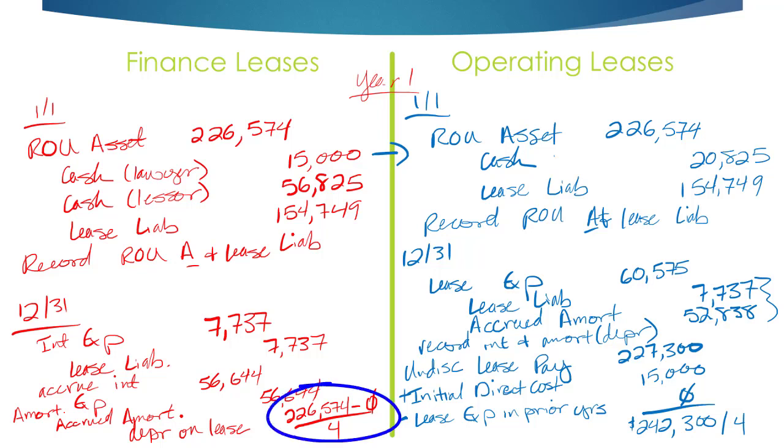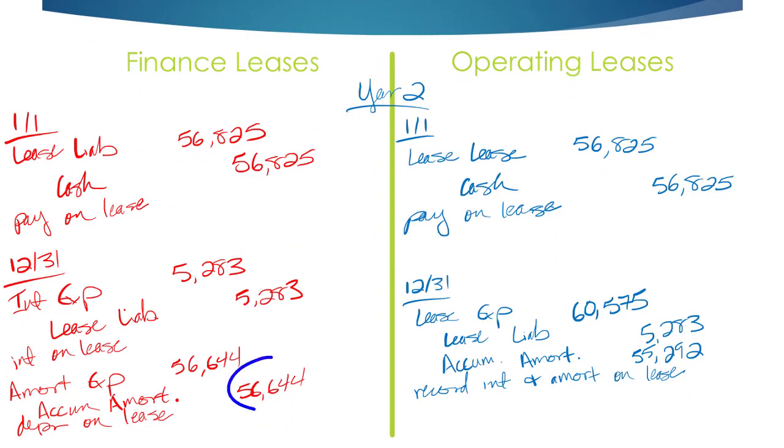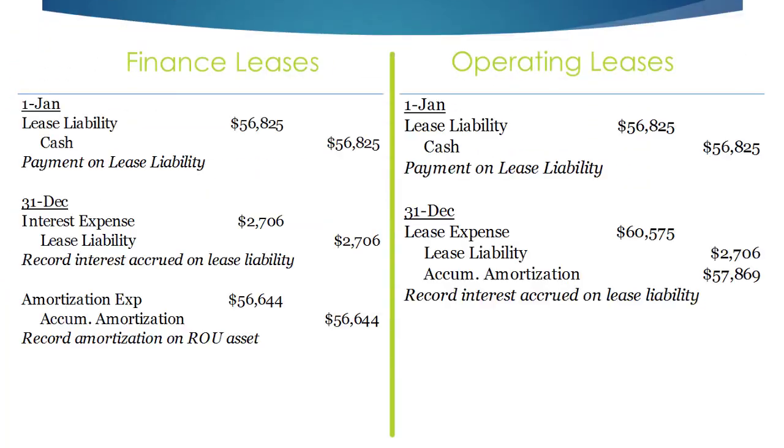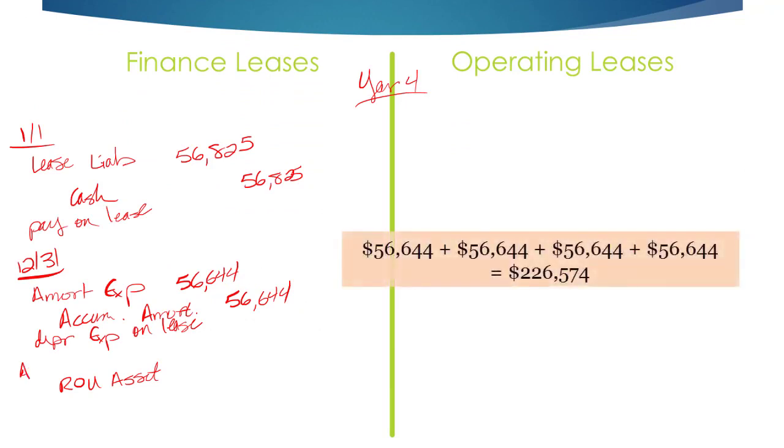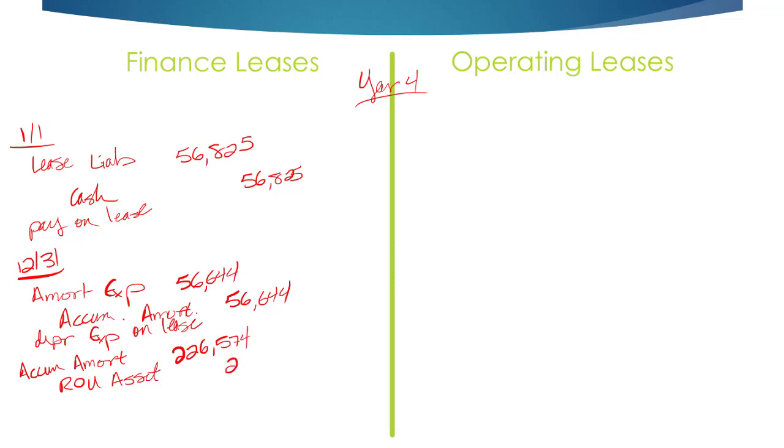We calculated our amortization expense so that it would match that $226, but you can also add it up, the $56,644 here, plus the $56,644 there, plus the $56,644 here, plus the $56,644 there. They all add up to that same $226,574.